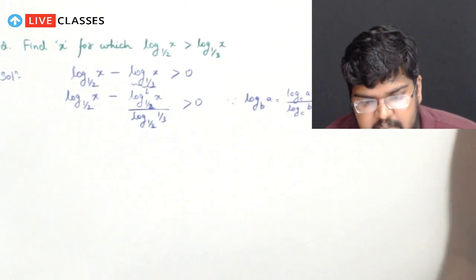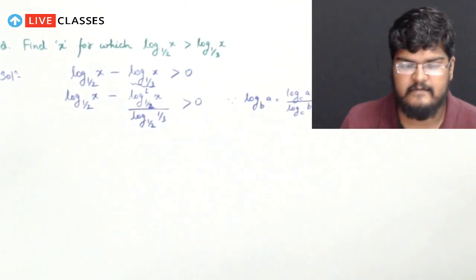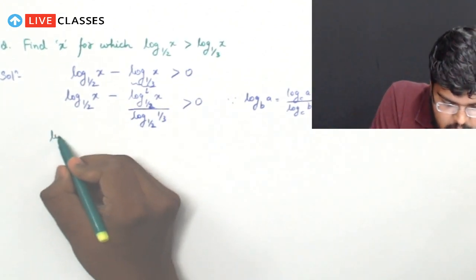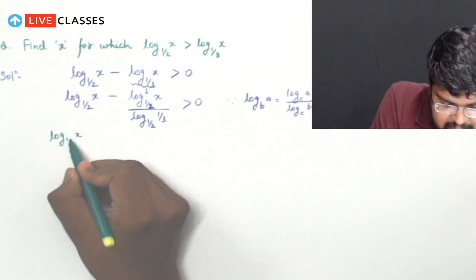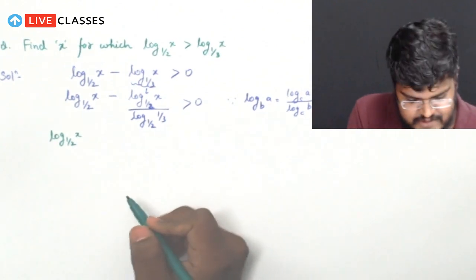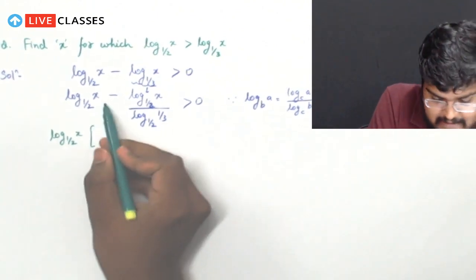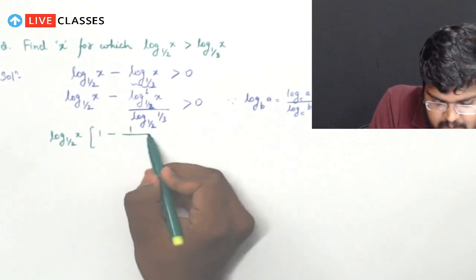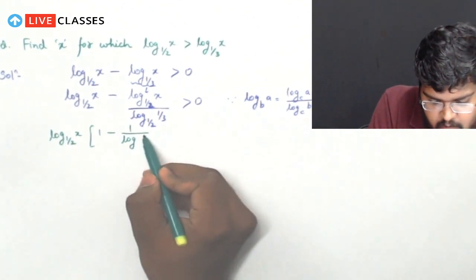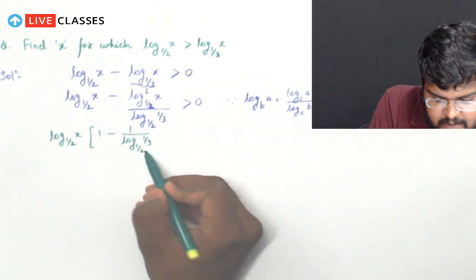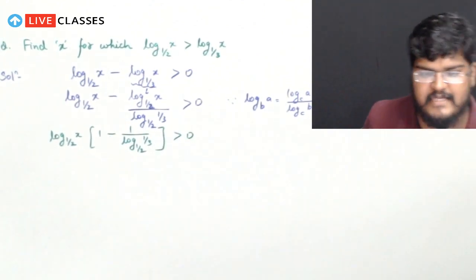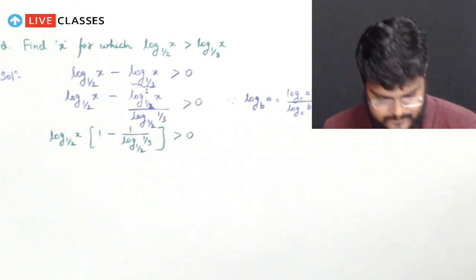Now in this particular question you can see that you've already got log of x to the base 1 by 2 common in both the equations. So what I can do is take this one common, and I can write this as 1 minus 1 upon log of 1 by 3 times 1 by 2, to the base 1 by 2, and the entire equation is greater than 0.